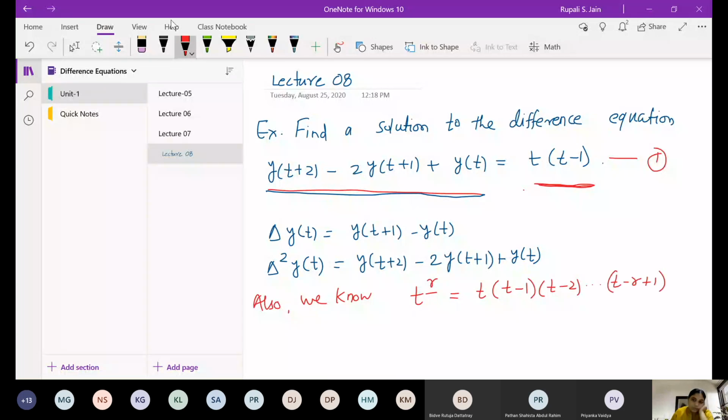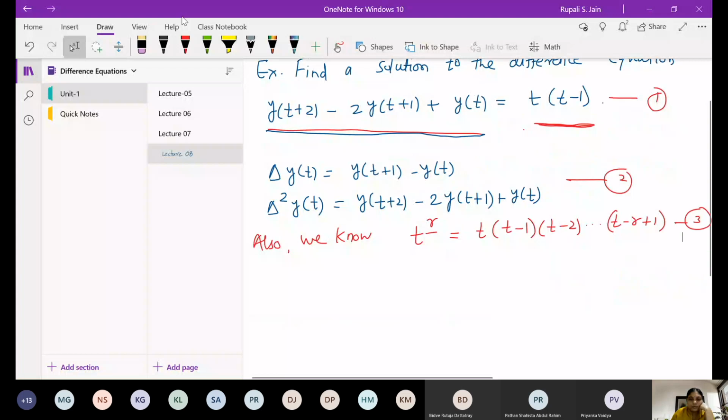So if I use this formula, how can I write the RHS of 1? This is t into t minus 1, so what should my r be? What is t to the 2 falling? I have to substitute r as 2, so it is t into t minus 2 plus 1, which is t minus 1.